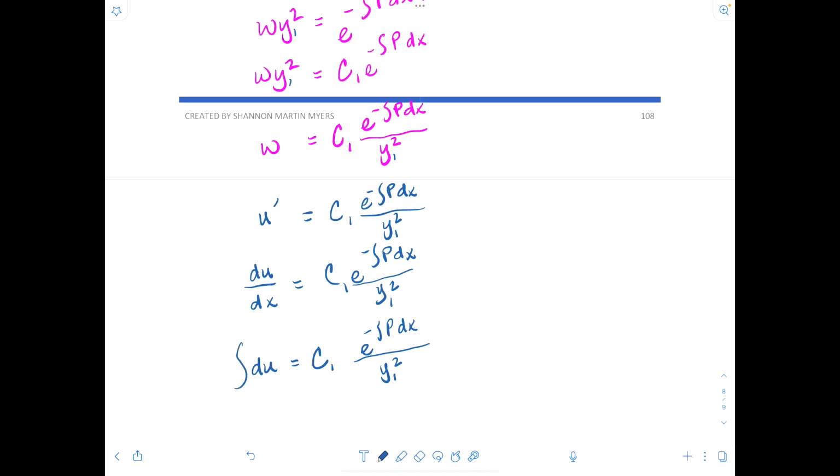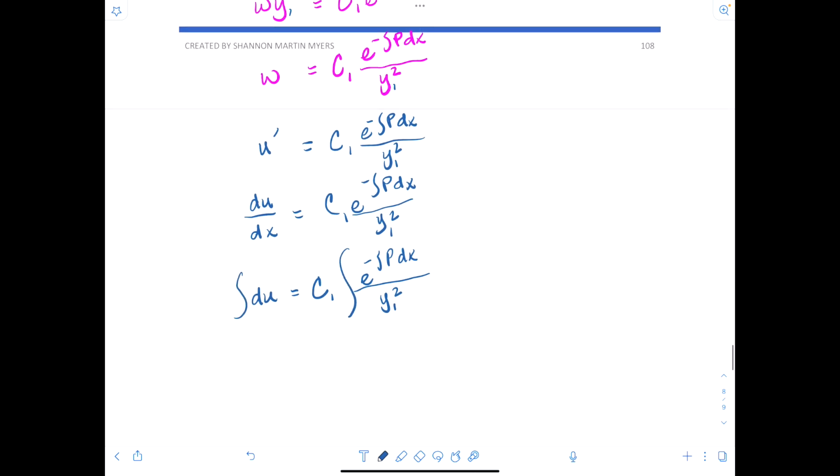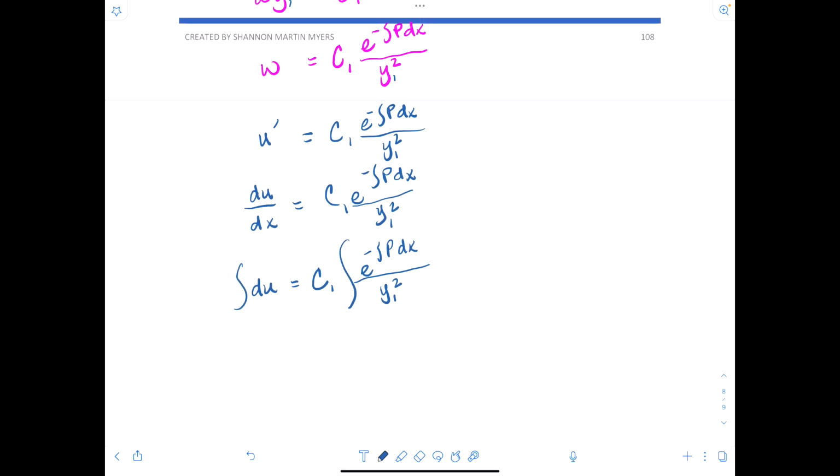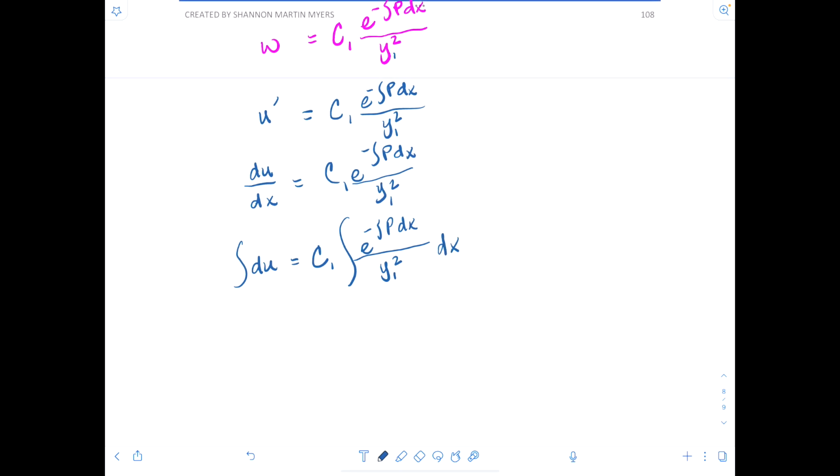And then we'll integrate both sides. We can bring the constant c1 outside of the integral with respect to x on the right side. So we get u is equal to c1 times the integral of e to the negative integral p dx over y1 squared dx, and then we'll have plus some other constant, call it c2.